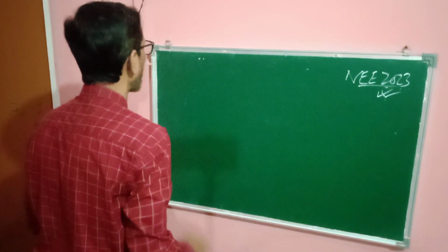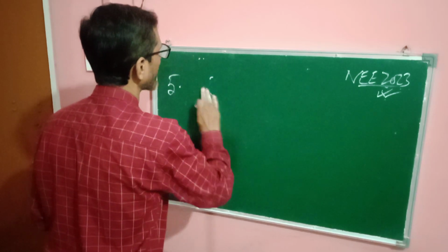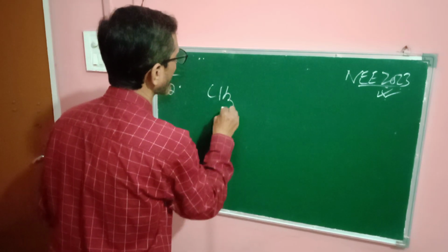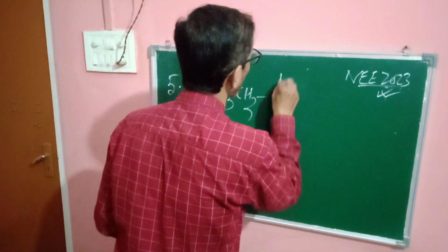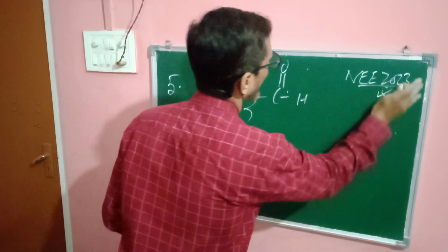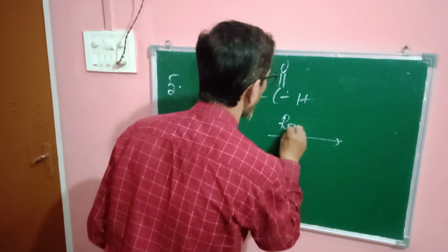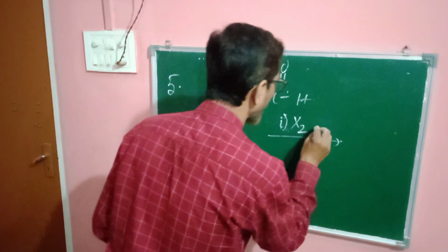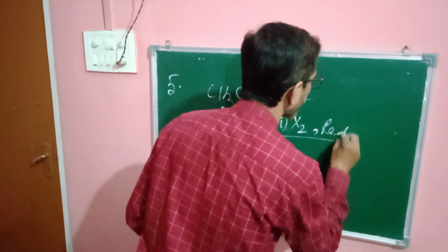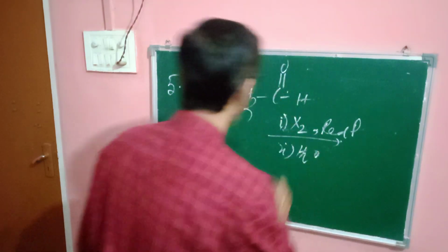So the fifth type of reaction: I am writing here CH3, CH2, C double bond OH, and I am using here number 1, X2 with red phosphorus, and number 2, water.